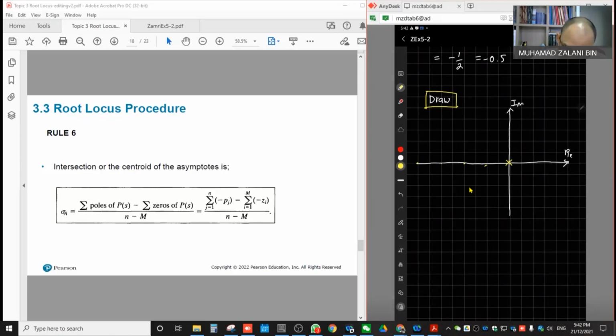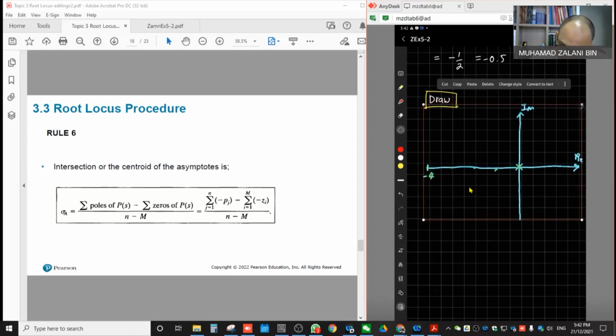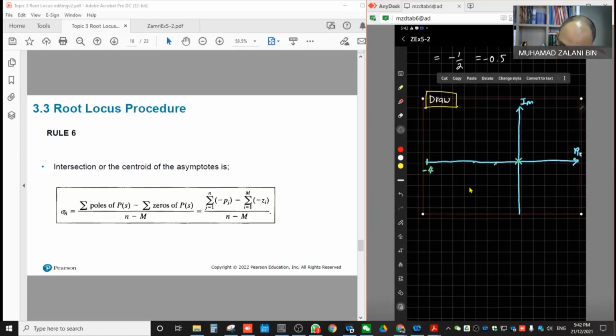So this is the -4 location. Let me just move this to the right so that I can continue like that. So let's say this is -4. So we have another pole at -4.